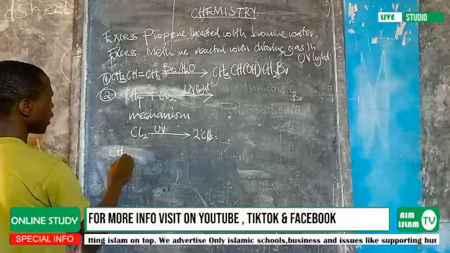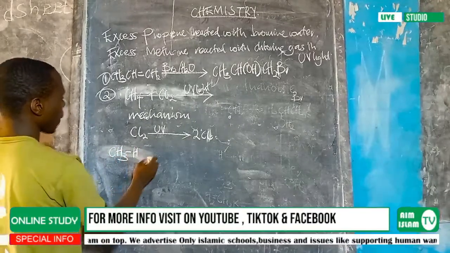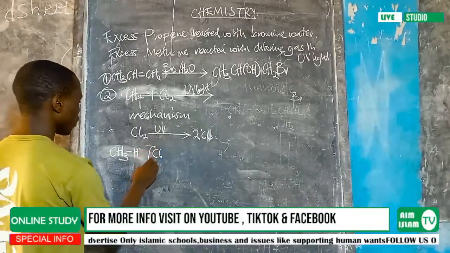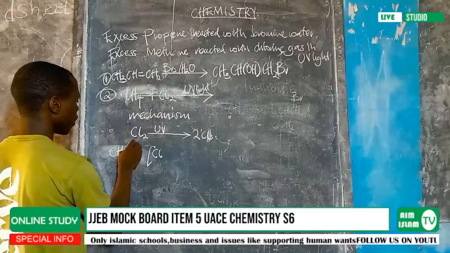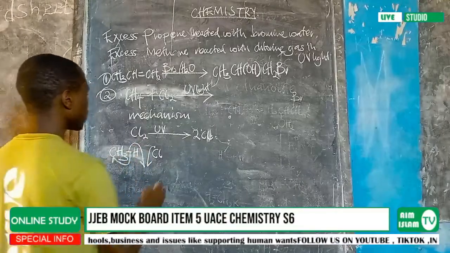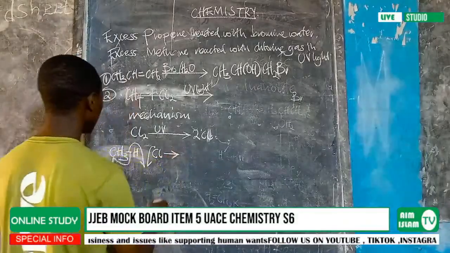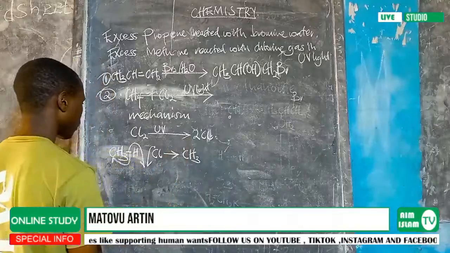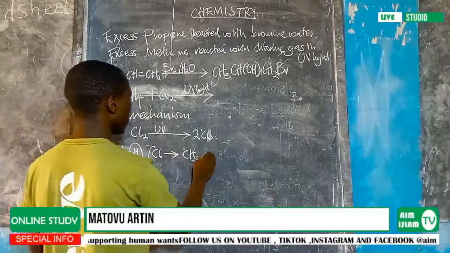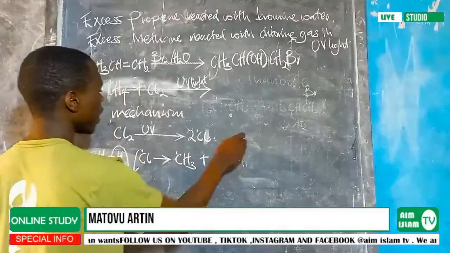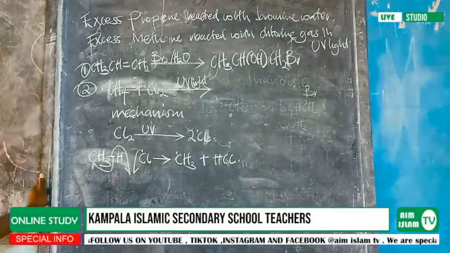So I can arrange it as this. Then one chlorine radical takes a hydrogen and forms a methyl radical, plus hydrogen chloride, which may happen as a gas.